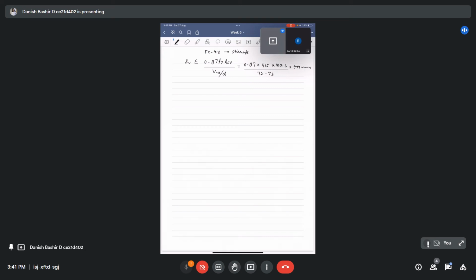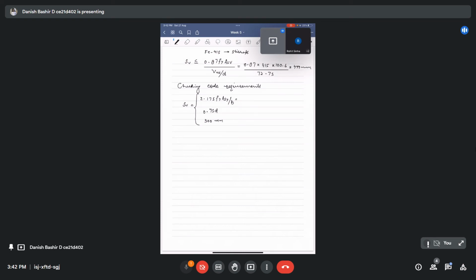This is the spacing required as per the area that I gave. Now let me check what the code requirements are, what the code says about how much spacing to place. Code says that your spacing SV should be the least of three cases: 2.175 FY ASV by B, which is the first, or 0.75D, or 300 mm.